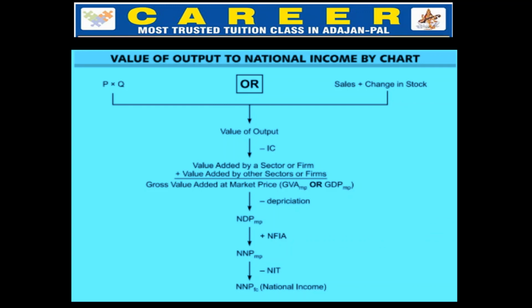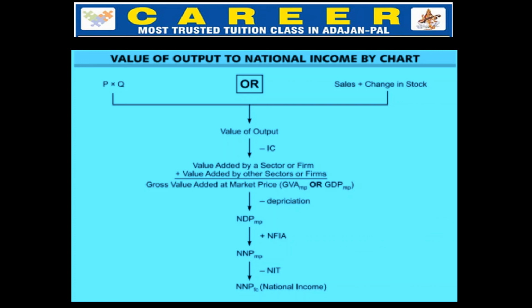Finally, we go for the chart. Value added, that is P into Q, or you can go for sales plus change in stock. You will get a value of output. From value of output, you will deduct IC, that is intermediate consumption. You will get a value added by the sector or firm, plus value added by other sectors or firms.